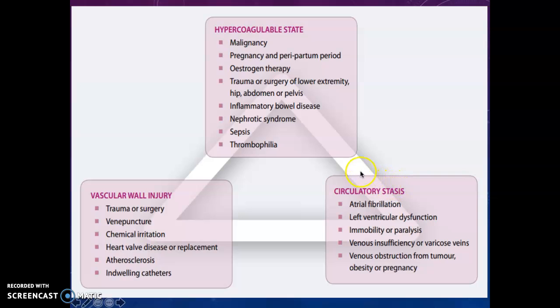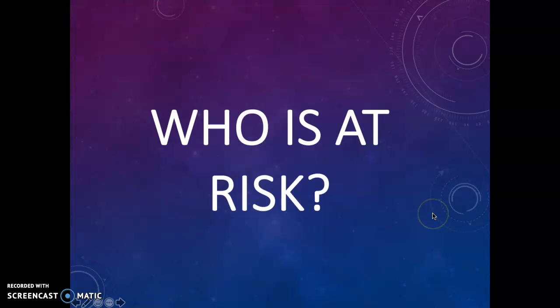The third is circulatory stasis, that is the blood is not flowing, it is static and in one place more than it's supposed to be. This could be because of atrial fibrillation, someone who has been immobile or has paralysis, or someone who has venous insufficiency.